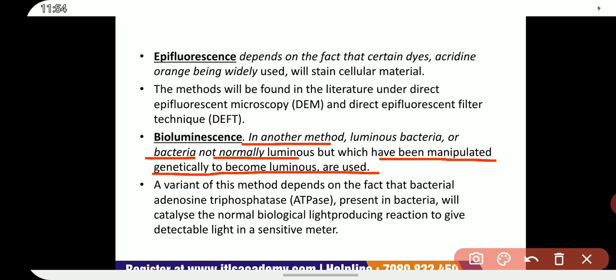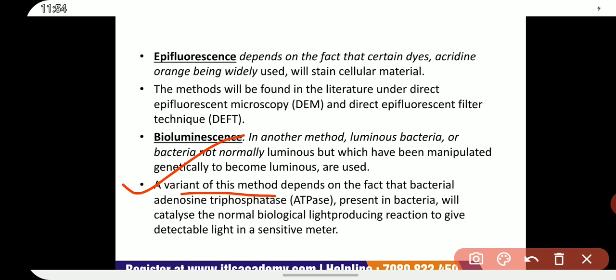There is an instrument named a light meter that can measure the bioluminescence generated by any bacteria. A variant of this method depends on the fact that bacterial adenosine triphosphatase, that is ATPase, present in bacteria will catalyze the normal biological light producing reaction.